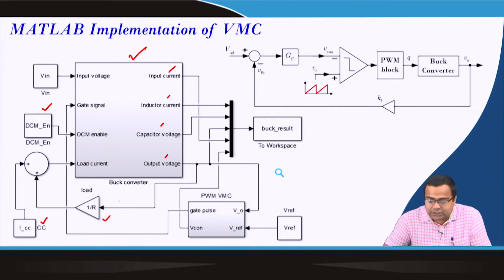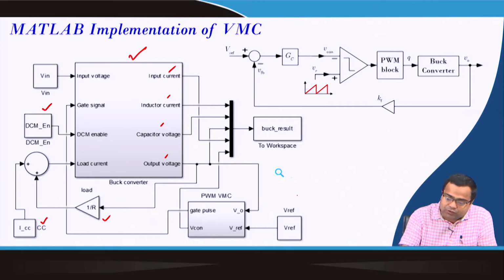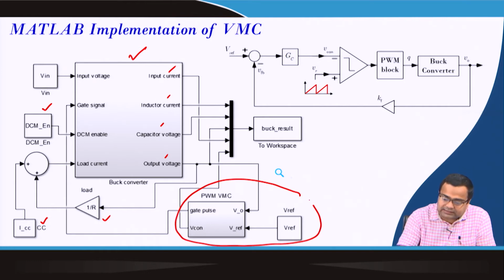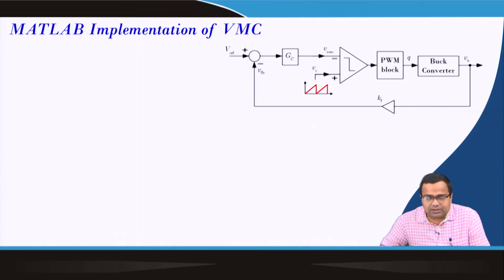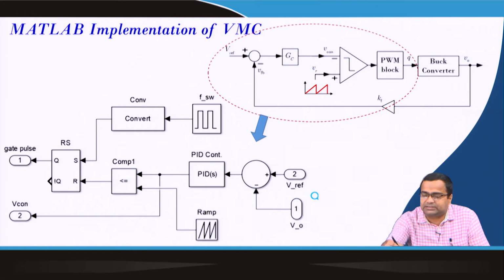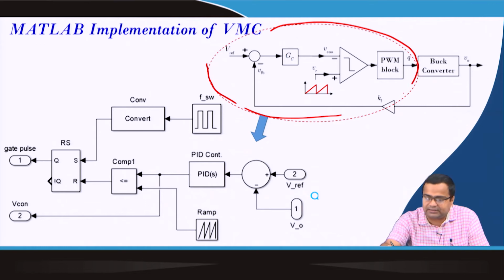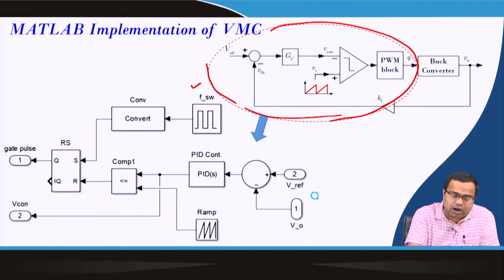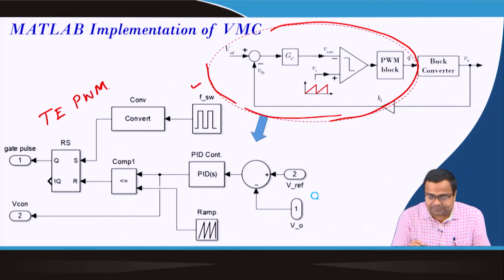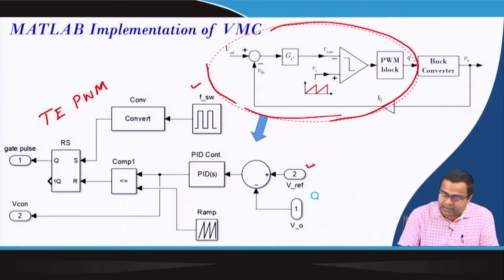Okay. So, in this block we are adding a new feedback block, which is my PWM voltage mode control block. What is this? If we take this, this whole block is shown here. If you see this circuit, it is shown here, this particular circuit. First of all, we need a switching clock to turn on the switch, because we are talking about trailing edge PWM. This is my reference voltage and the output voltage, and this is my error voltage.